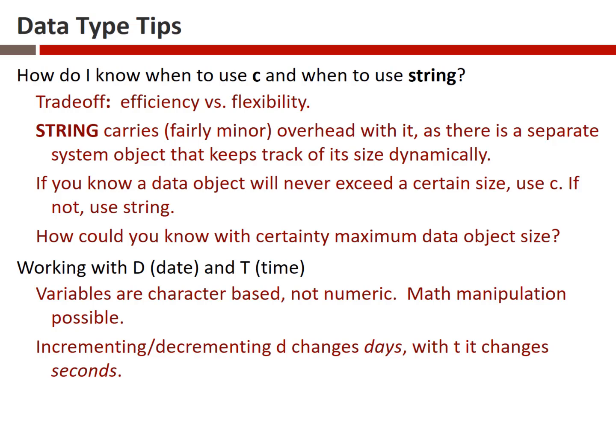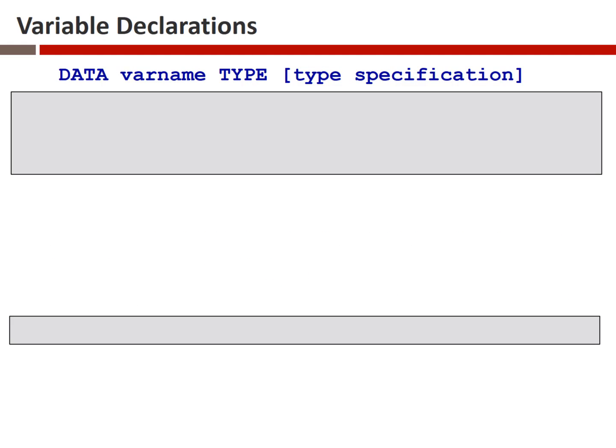All right, so what's the syntax for actually making data objects? Basically, the syntax is the keyword data, the name for my data object or variable, the keyword type, and then the type specification that relates back to what we saw 2 slides ago.